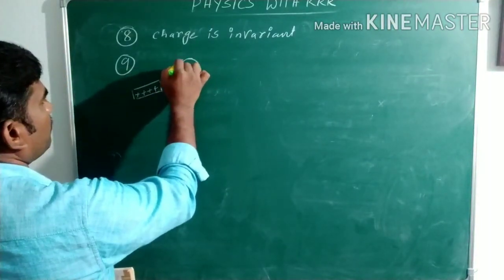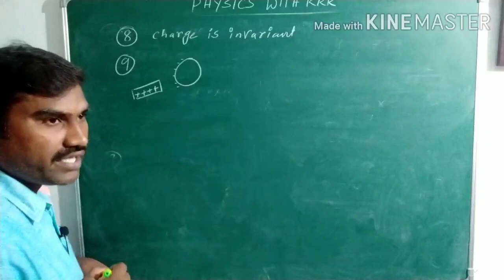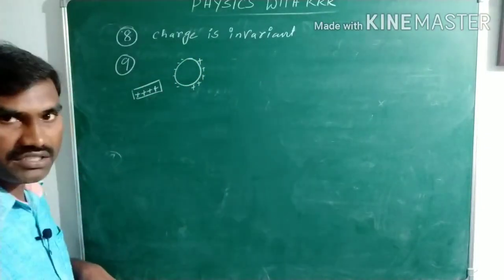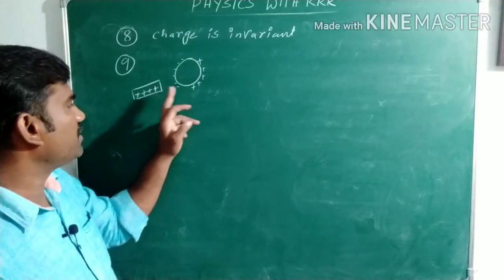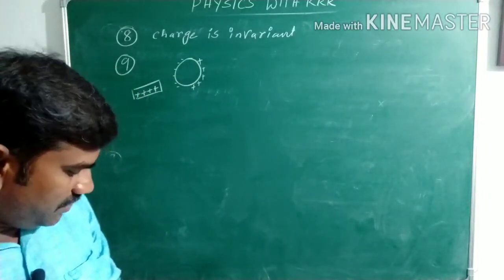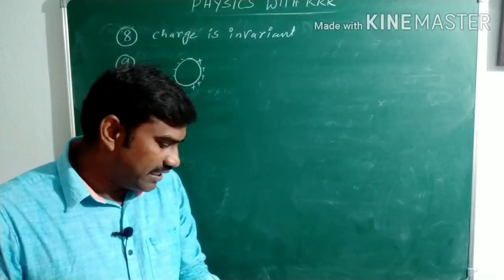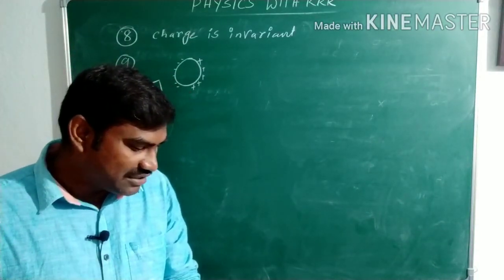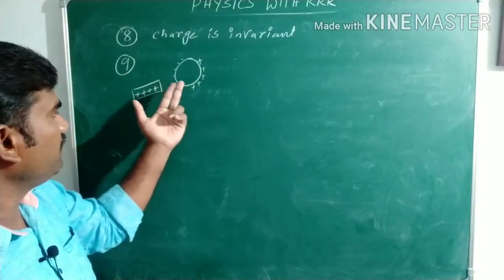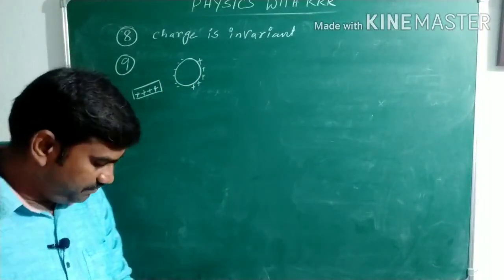Unlike charges will be induced on the nearer end, like charges on the farther end. So the charged body can attract an uncharged body due to induction of opposite charge on it, and there is an attractive force between them.